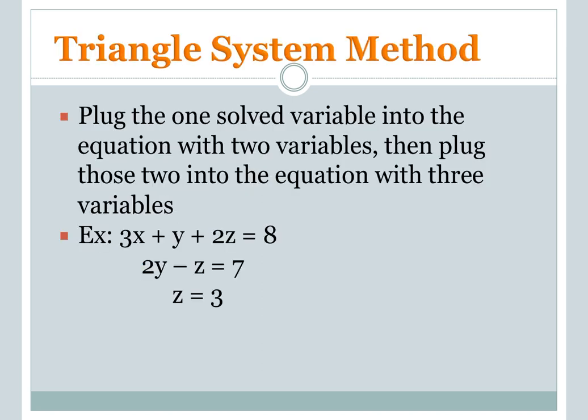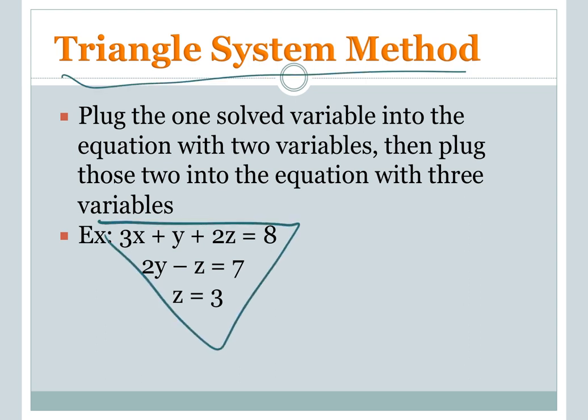Now we're going to talk about actually solving them. There are 2 different types of systems with 3 variables. The first is called a triangle system, because the shape of it is actually triangular. One of the equations will have 3 variables, one of the equations will have 2 variables, and one just has 1. So we do something called back substitution.